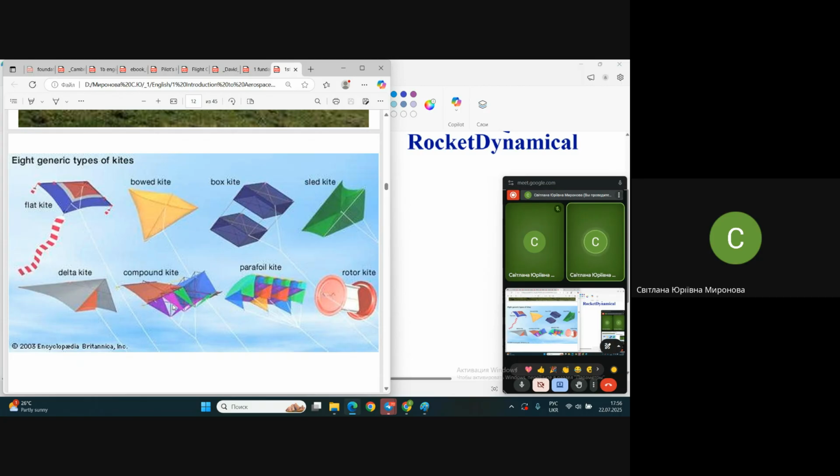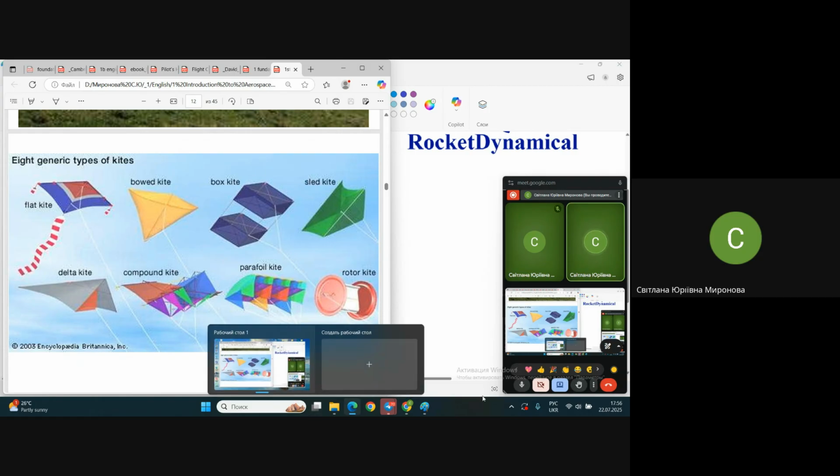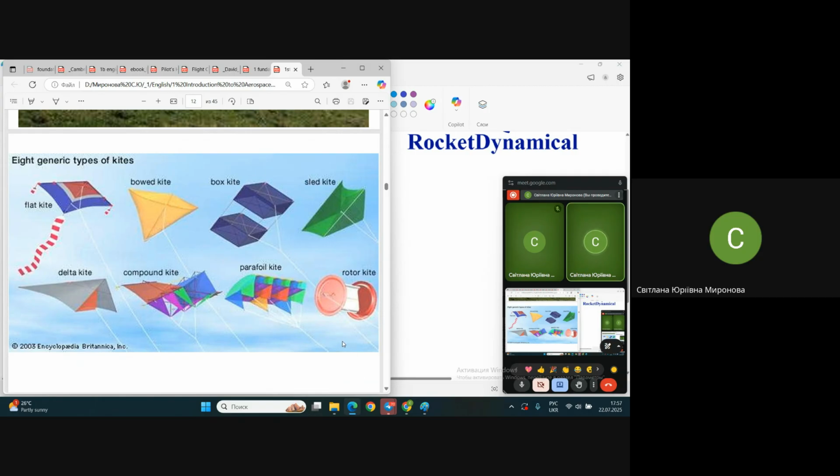And actually, when we start studying the history of aviation, the use of aircraft for commercial purposes or for military purposes whatsoever, first it comes to kites. Kites were used in China as a signal system, for transporting something, not just as entertainment, like it might be right now.